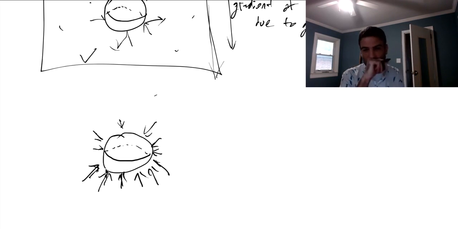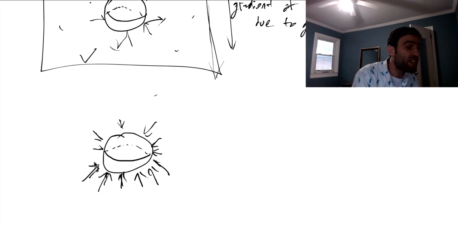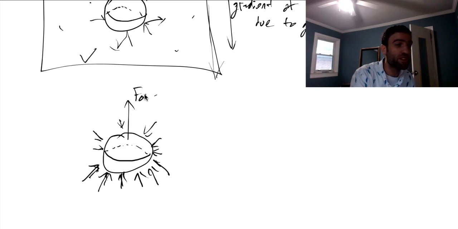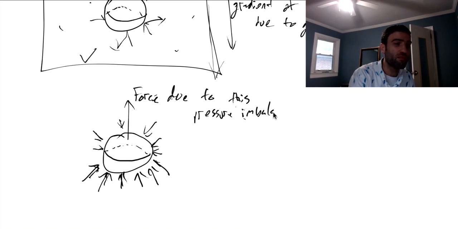Right? And so the fluid below an object, because of gravity, will have a higher pressure than the fluid above the object. And if you average all of those forces together, there's a net upward force due to this pressure imbalance. And that's what we call buoyancy, or the buoyant force.